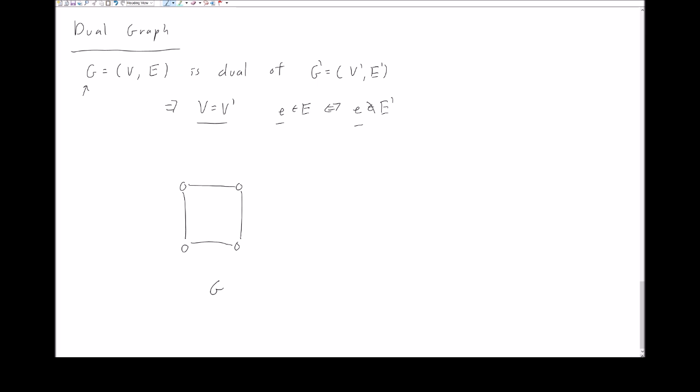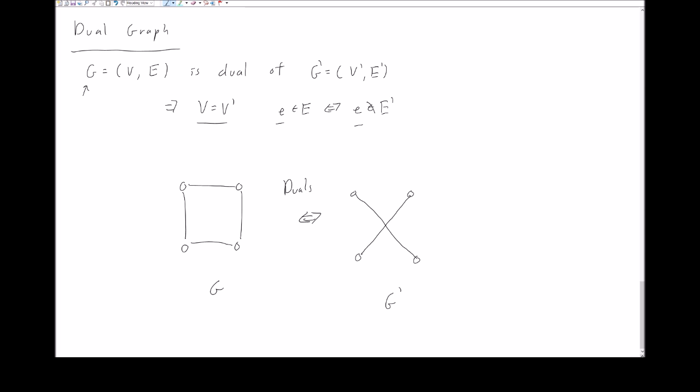So if this is our graph down here, G, to take the dual of it, we take the same set of nodes, the same 4 nodes. But now every time we see an edge, we don't put an edge, and every time we don't see an edge, we do put an edge. In this case, there's only 2 edges missing from G, so our dual graph, G prime, has the 2 crossing edges.